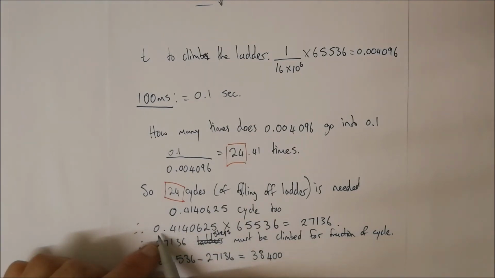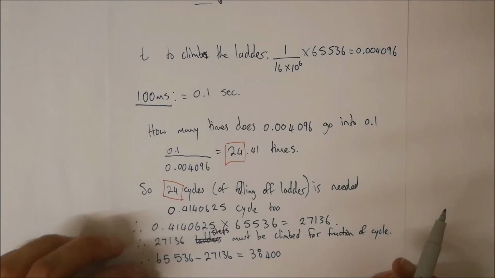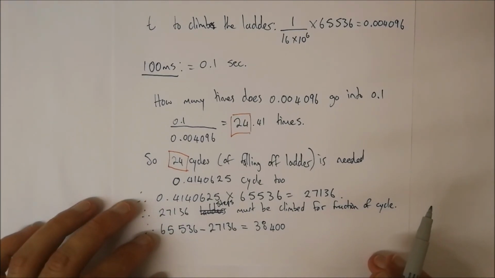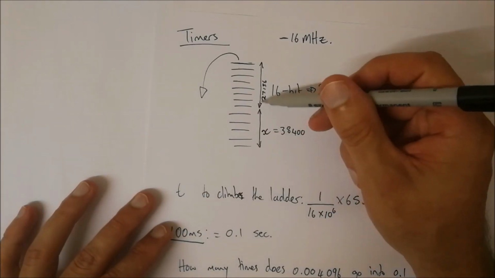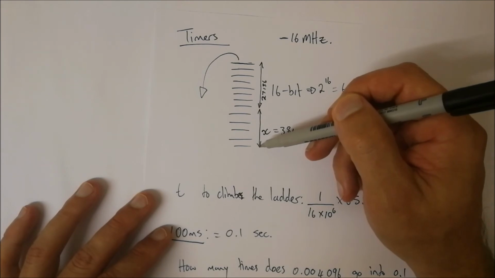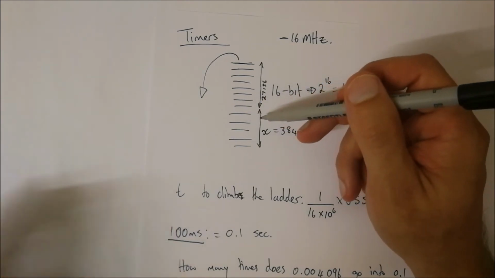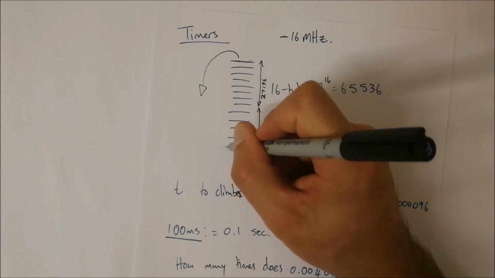Okay, so we take that 0.41400625, multiply it by the number of steps, which is 65,536, and we get 27,136. Now we must see how many steps from the top we need to be, so we need to see how many steps we have in the beginning. So on the final cycle, we almost fly up from the bottom.